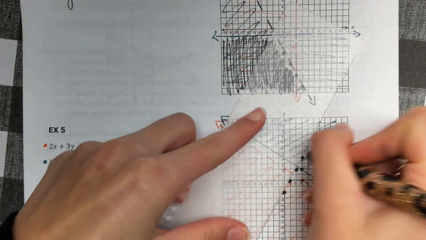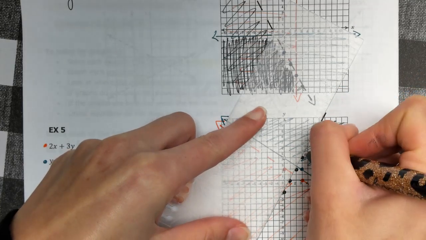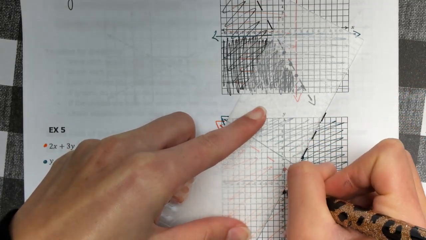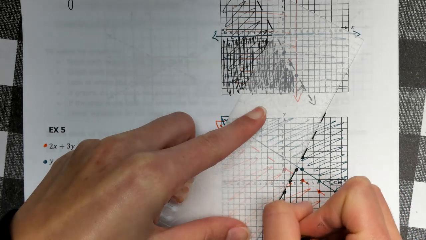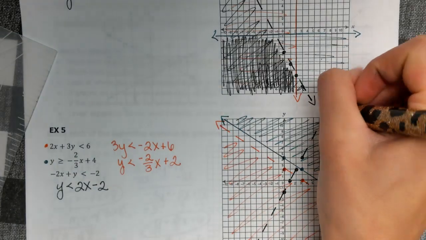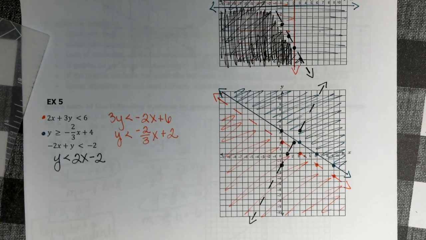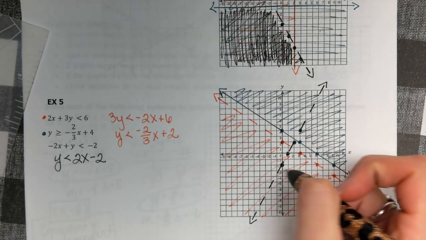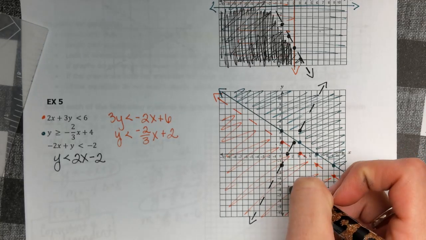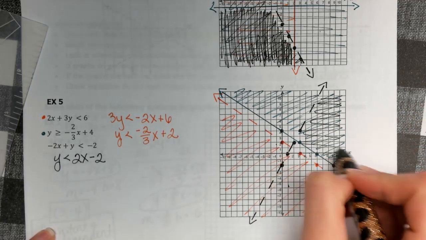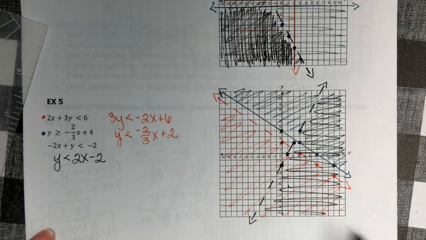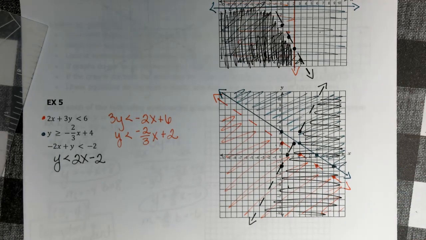This is going to be dashed. Shaded where? Above or below? Below. So where's my solution area?